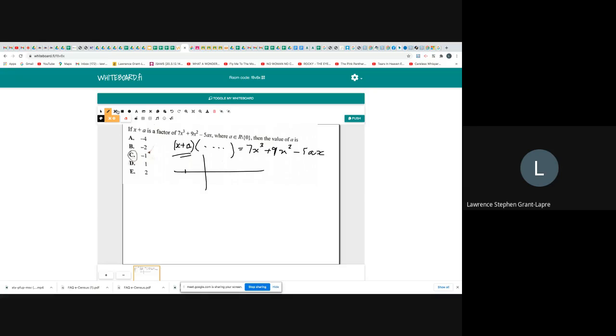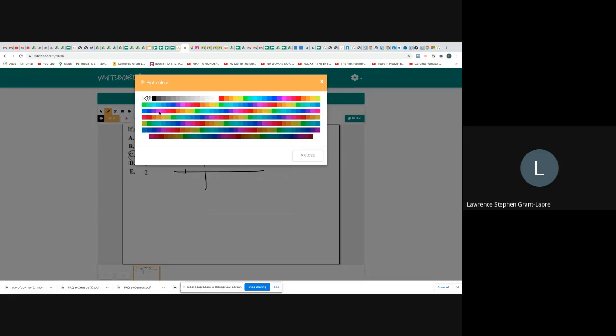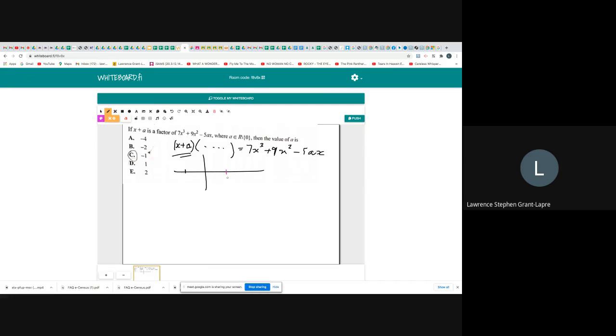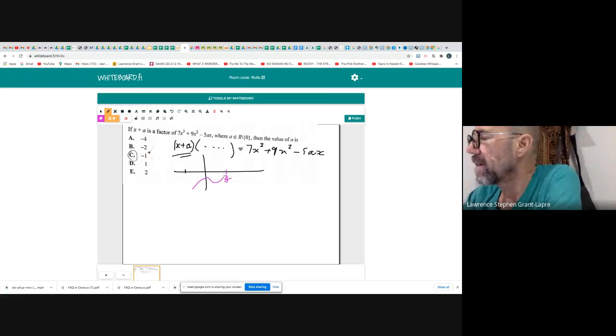If a is -2 or +2 or -1 or +1. If it crosses at 3, then x minus 3 is a factor. Therefore, if we substitute -a into that equation, it's going to equal 0, and that's called the factor theorem.